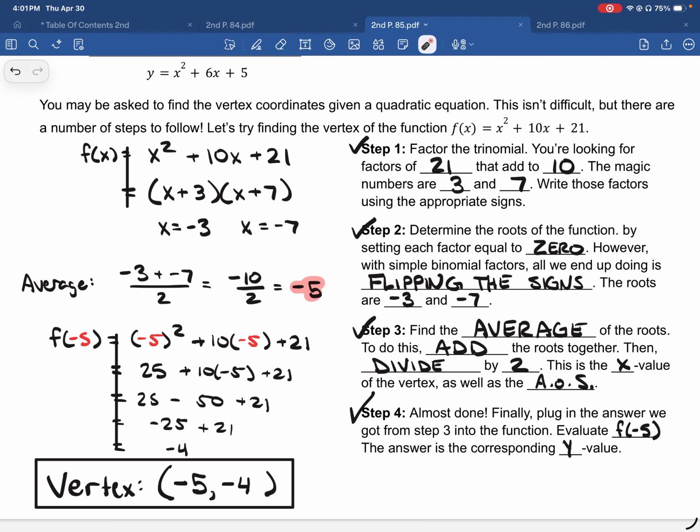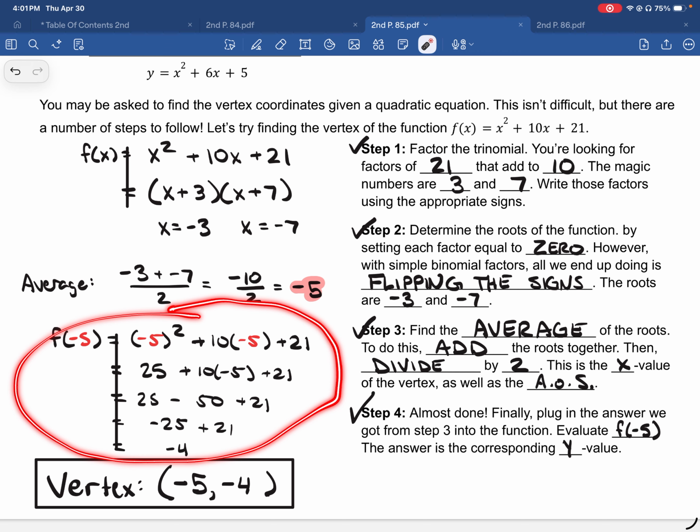So to recap all of that, factor the expression, switch the signs, find the average of those two numbers, so -3 and -7 average to -5, then plug that number back into the function. Follow the order of operations or use your calculator.